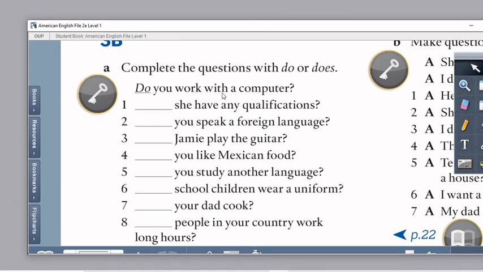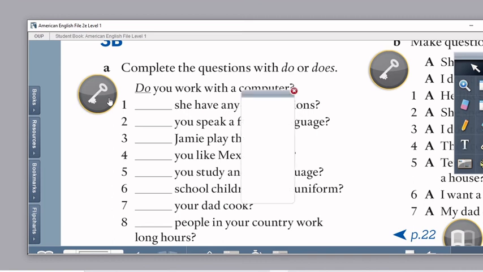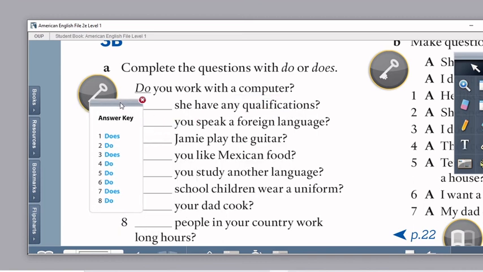Do you work with a computer? Stop the video and complete using do or does. Let's check.